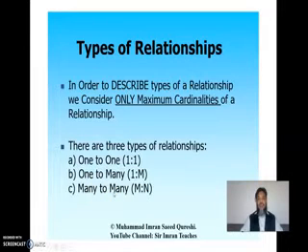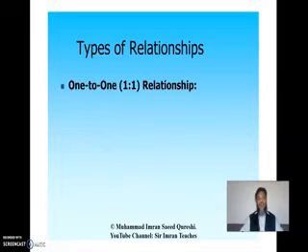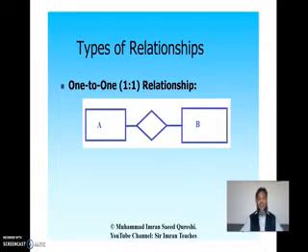So let's see these types of relationships one by one. First of all, we have the one-to-one relationship. Say we have two entity classes A and B related to each other. So here we have A and here we have B. If I consider a single instance of A and I ask you, for one instance of A, how many instances of entity class B can I have?